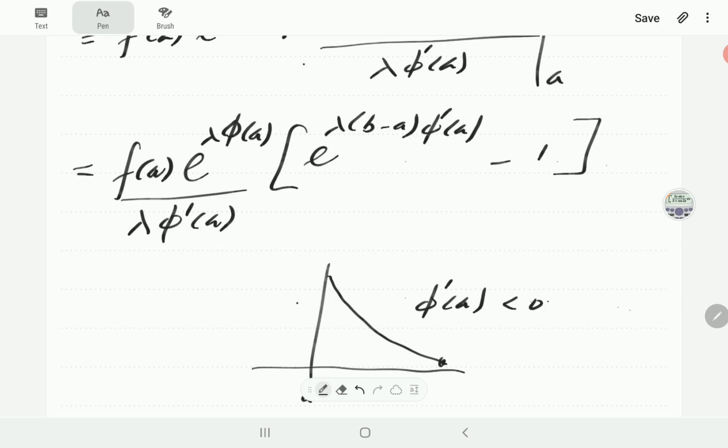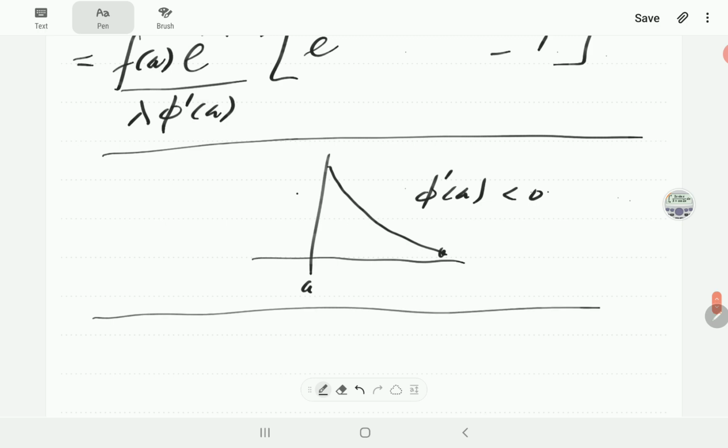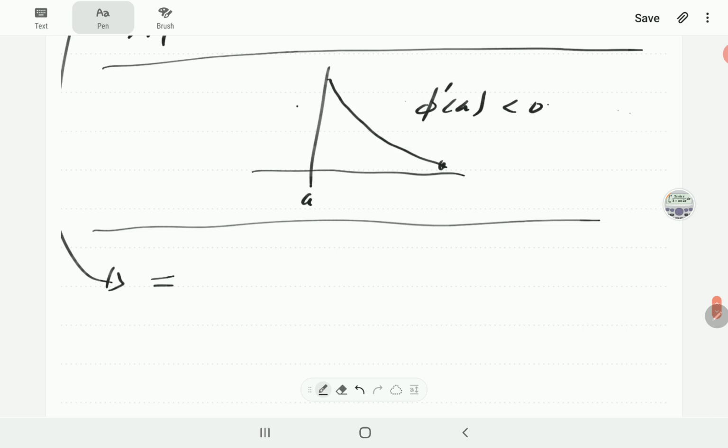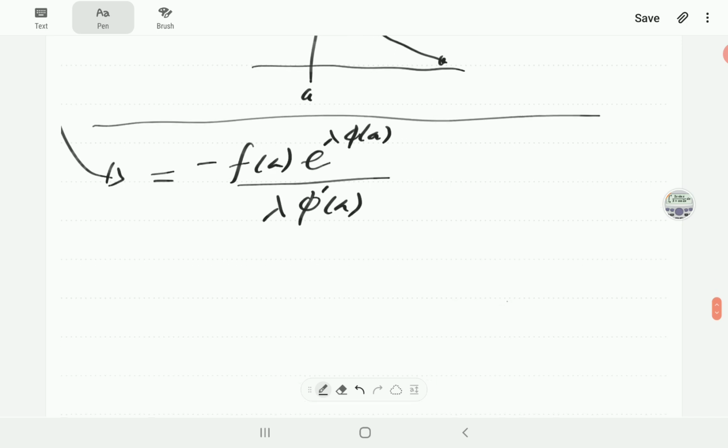So as lambda goes to infinity, this is going to go to 0. So that expression there is just going to simplify as follows. We're going to have negative f at a e to the lambda phi at a divided by lambda phi prime at a. So that's going to be the asymptotic value of that integral if phi has a maximum at t equals a.